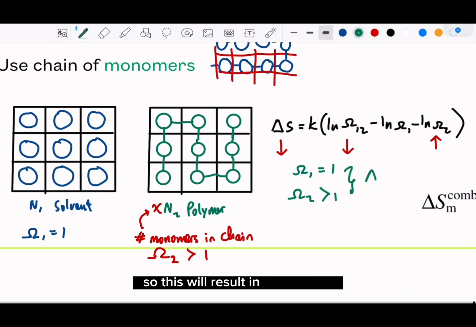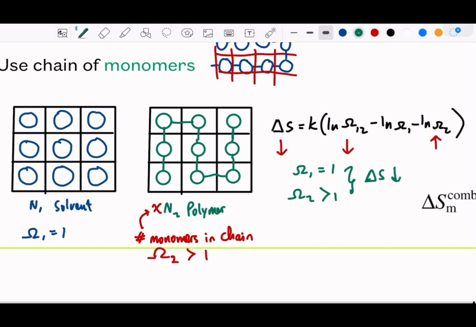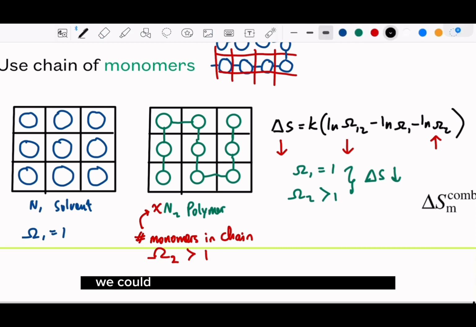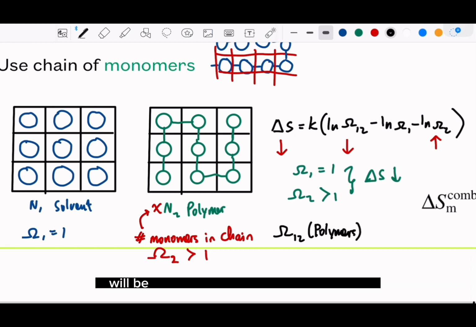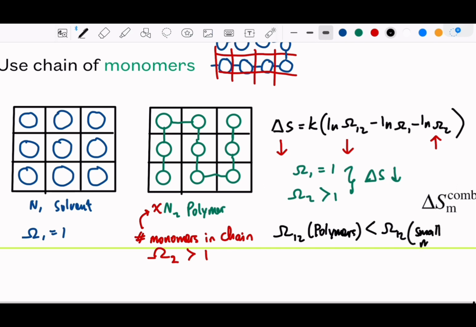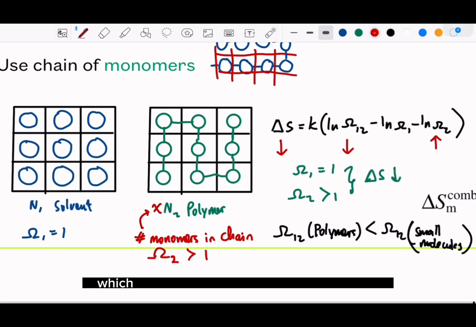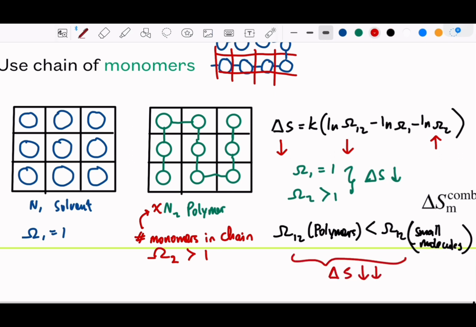So this will result in the delta S going to be decreased. So by this assumption itself, we could see that the omega for the polymers will be much smaller than the small molecules, which contributes to reducing the delta S.